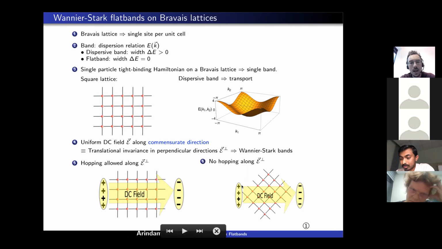And do you get this for any DC field value, any strength? Any value. Any infinitesimal value? Any infinitesimal value. It just makes the bands flat automatically. You only have to consider the case where you don't allow equipotential hopping in the Hamiltonian. Right. Okay, it's very interesting. I will look into the paper. Thanks.